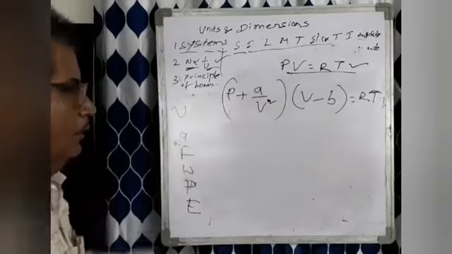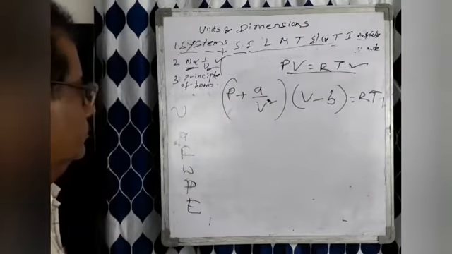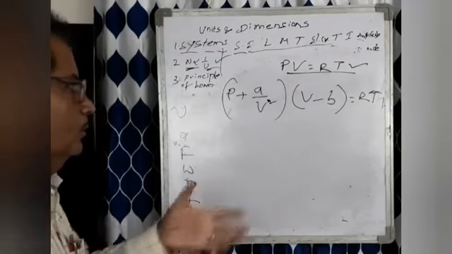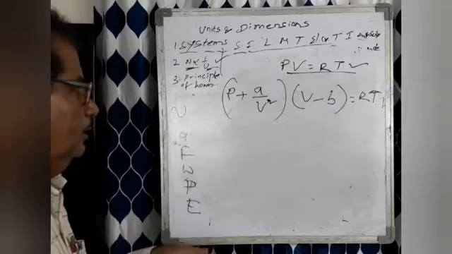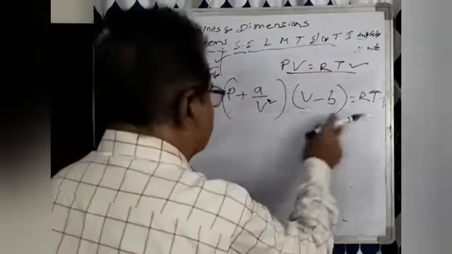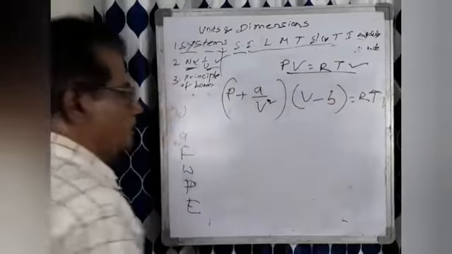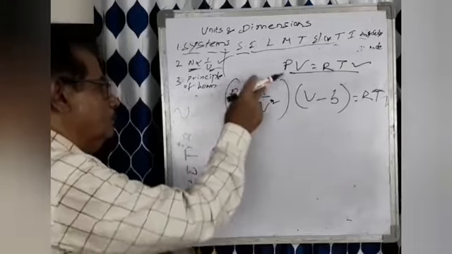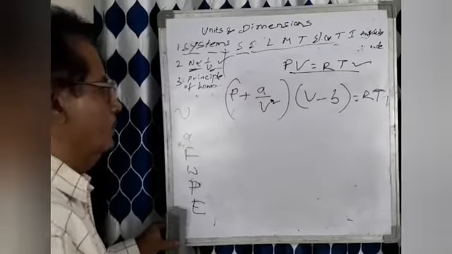Because the intermolecular attraction between the molecules is neglected in this case. The volume of gas molecules in the container is neglected in this case. But in this Van der Waals gas equation, they are also considered. P is pressure, V is the volume.